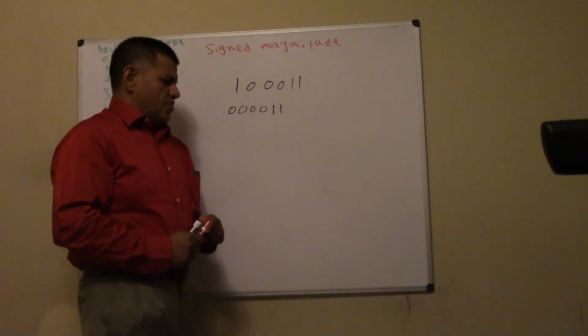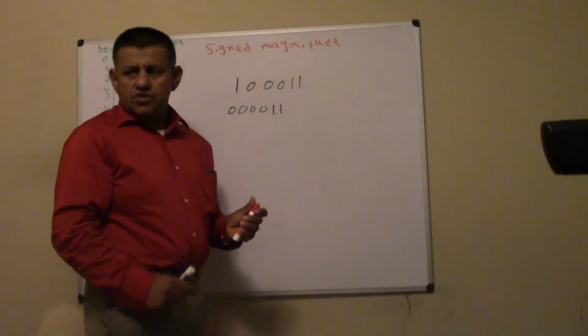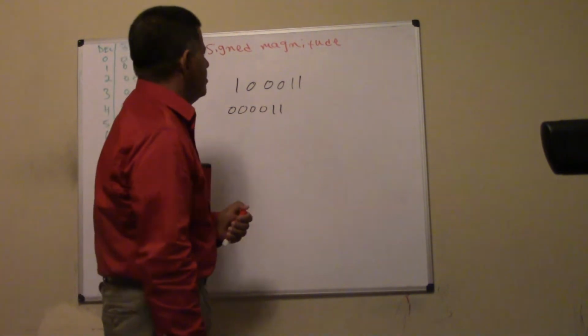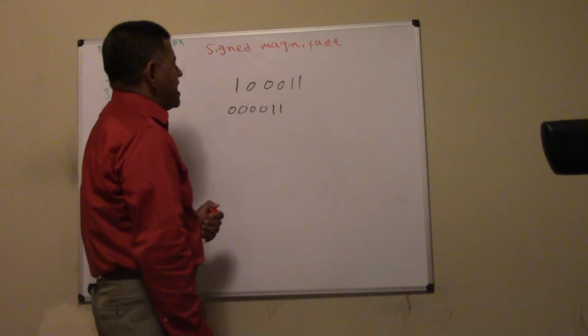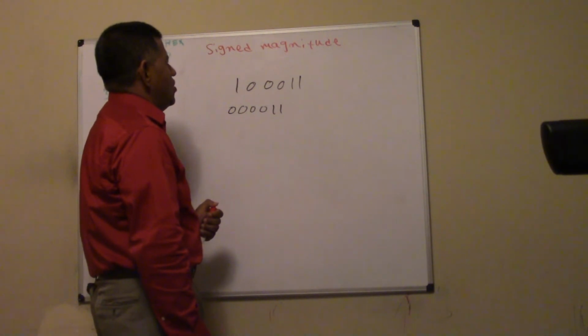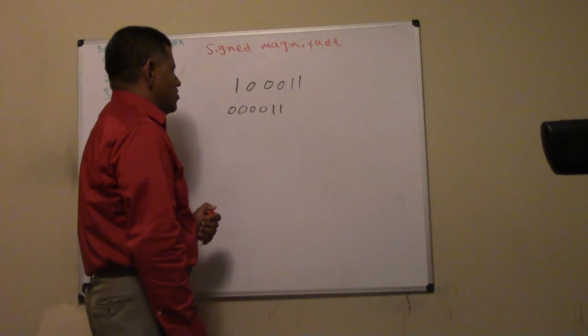But what if the number was given in decimal, and you want to see whether it's positive or negative?